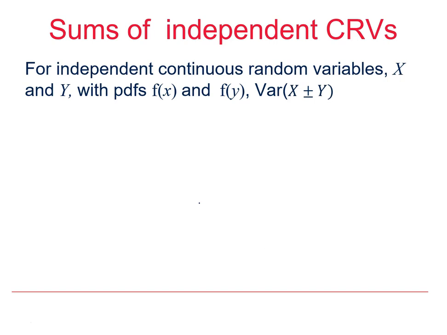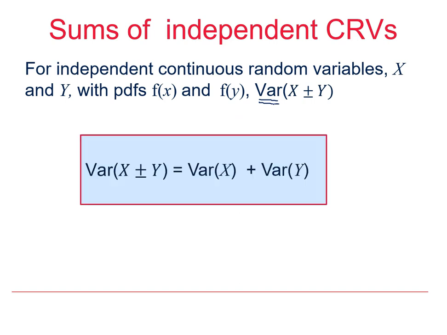When we look at the variance of x plus or minus y, it is simply the variance of x plus the variance of y. That's because the variance of x minus y is exactly equivalent to the variance of x plus the variance of minus y, and variances are in units squared.